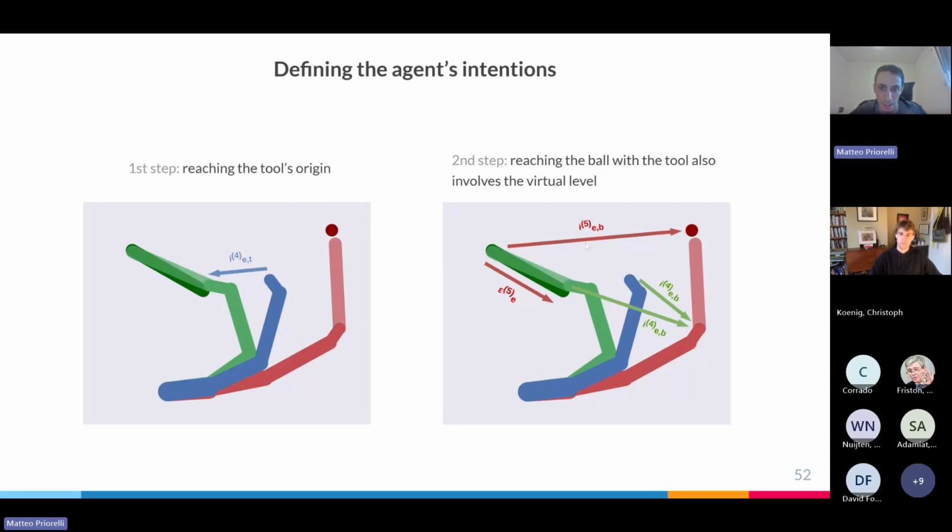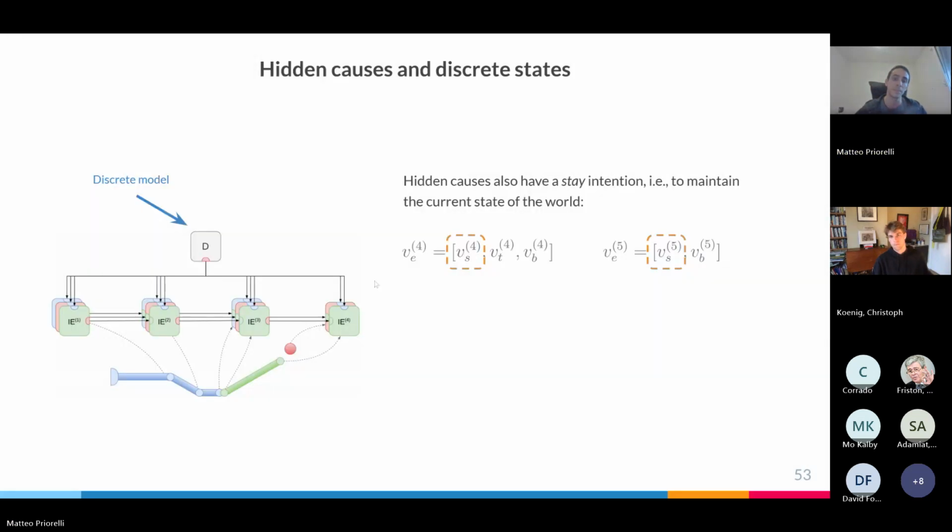Although this virtual level doesn't exist in the actual body configuration, this dynamics function biases our body configuration by backpropagation of this third component. And we then align the hand level of these two components to the third component related to the ball.